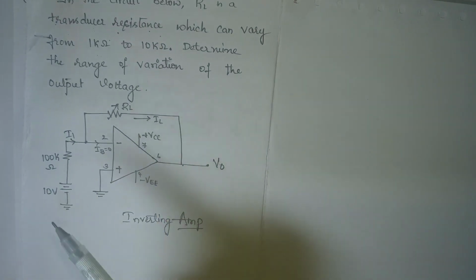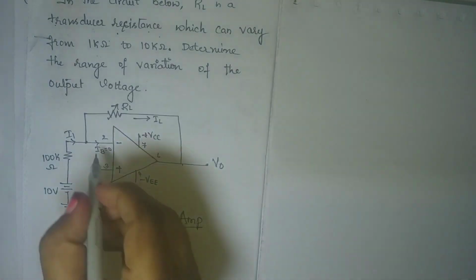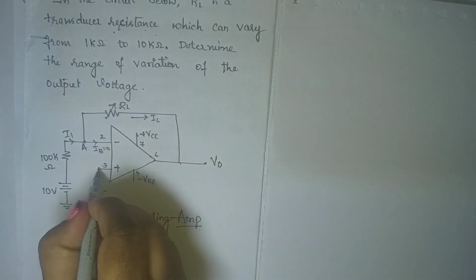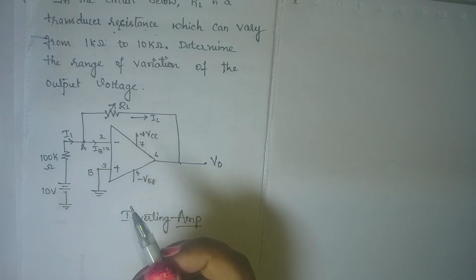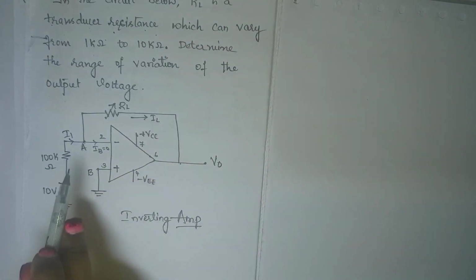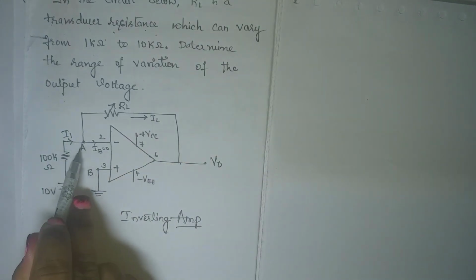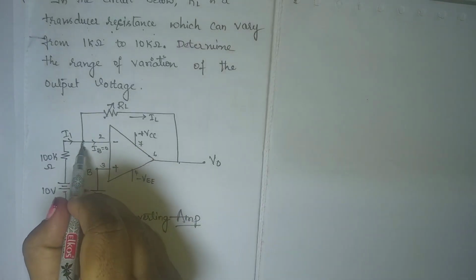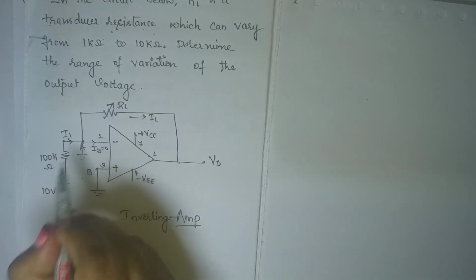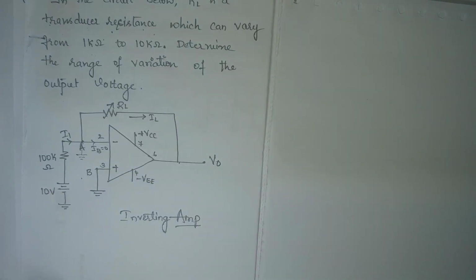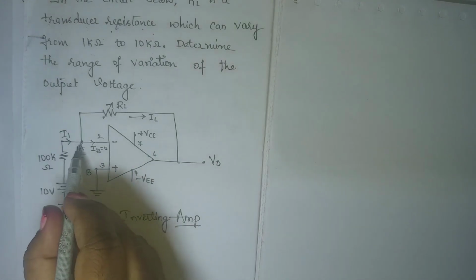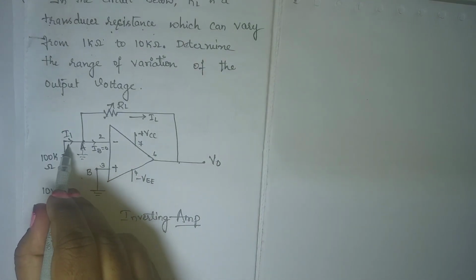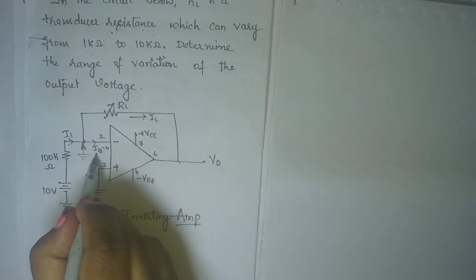Now coming to the analysis part, I'll take this point as A and let this point be B. Now A and B are both at the same potential, right? I'll assume here you have a virtual ground. Now I need to find out what IL is, what this current is, and what IB is.